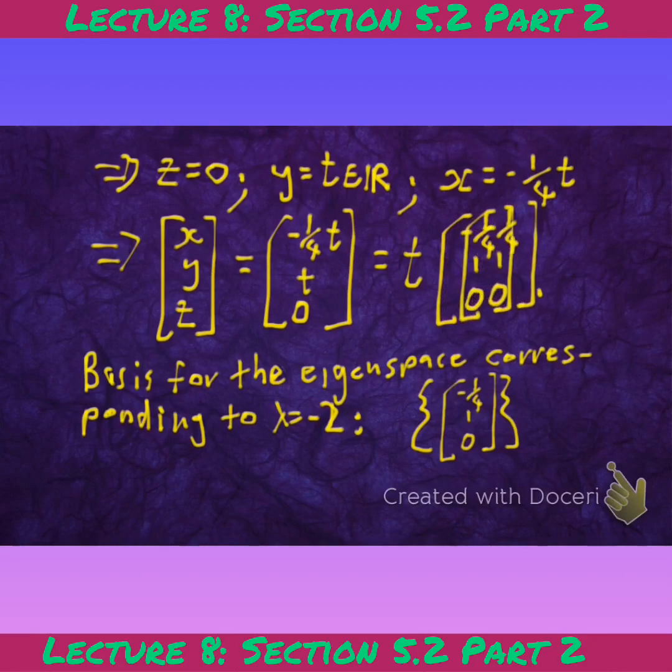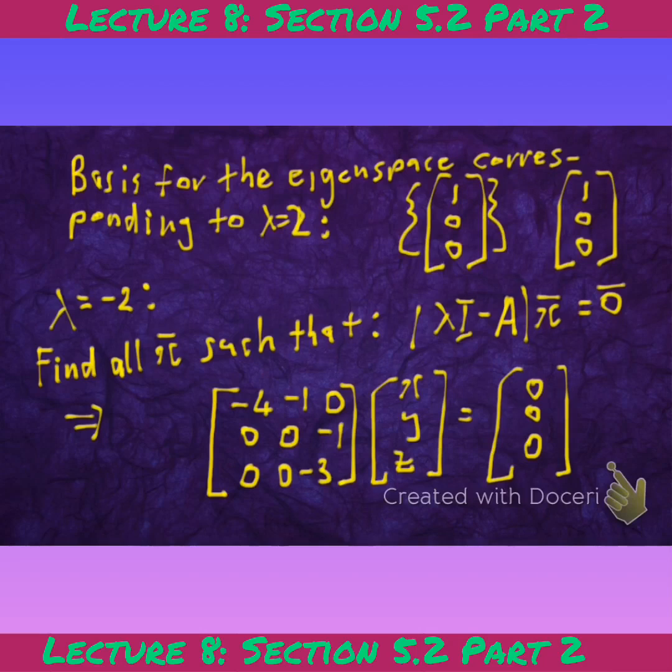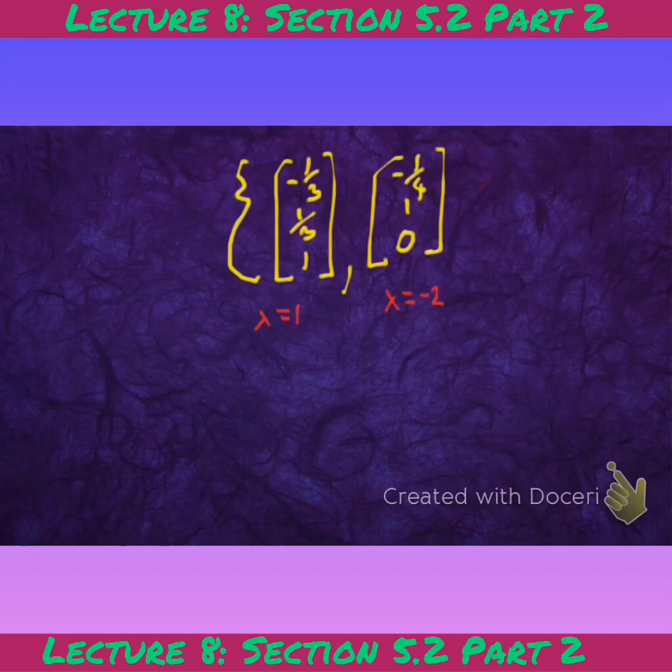We go to lambda minus 2, select that vector there, and form that second vector. Then we go back to our first eigenvalue, lambda equals 2, take that, and throw that into our set. That is our third vector, and it corresponds to lambda equals 2.